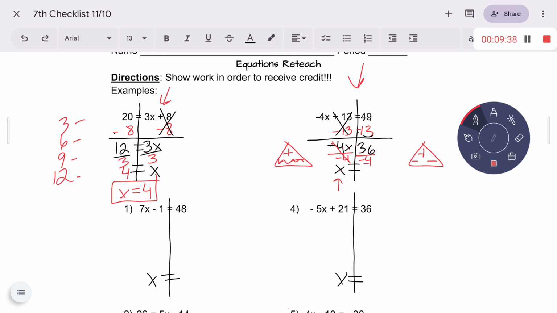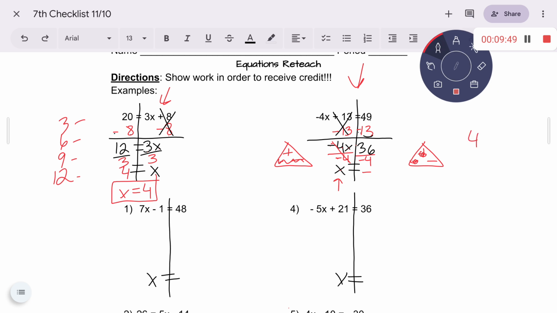This is a positive and a negative, so a positive divided by a negative gives a negative. 36 divided by 4: 4, 8, 12, 16, 20, 24, 28, 32, 36. 1, 2, 3, 4, 5, 6, 7, 8, 9. Negative 9. Put a box around it so it's easy for me to grade. You want to get it right, okay?